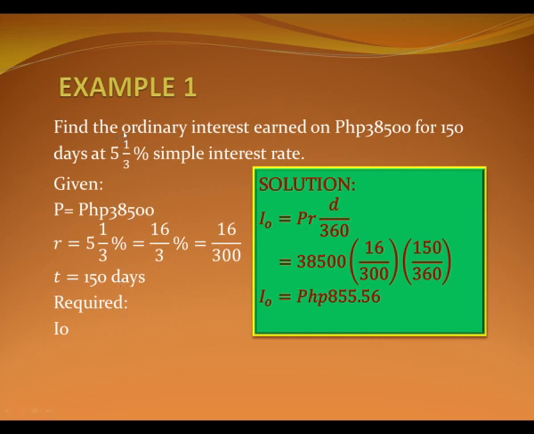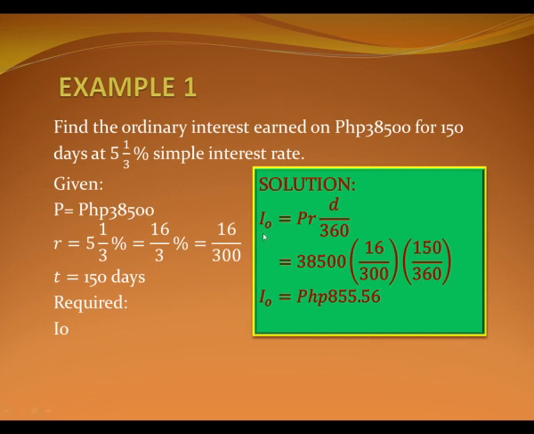But since the unknown here is the ordinary interest, we have to divide by 360 in order to convert into years. We have the same formula, I equals PRT, except that we have to convert the given number of days into years.